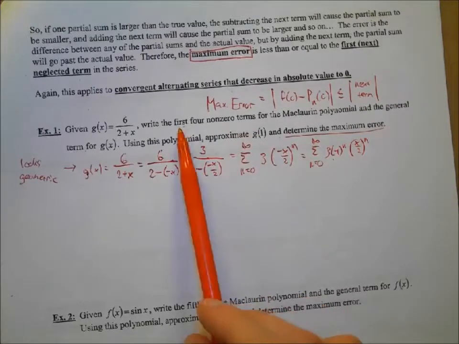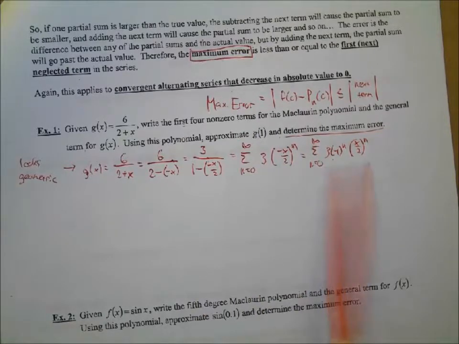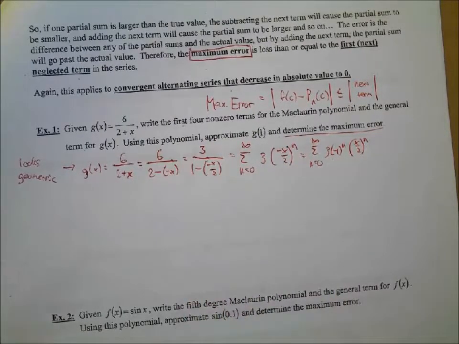So write the first 4 non-zero terms, and then use that to approximate g of 1. And you can use your calculators if you really want to figure out that estimate. So go ahead, write out the first 4 terms of that series. I will do that here because I'm going to run out of space.